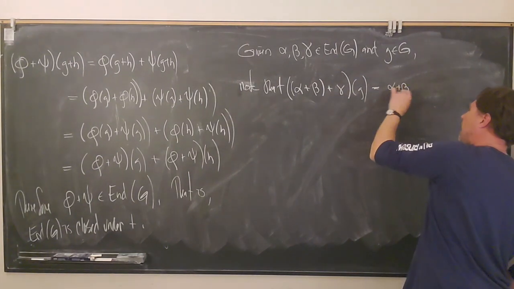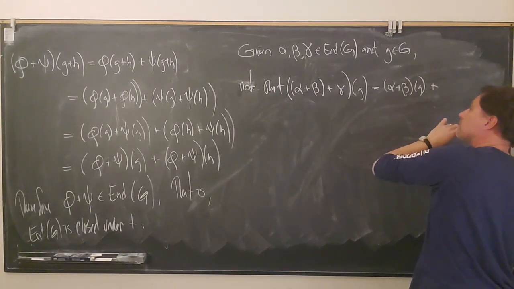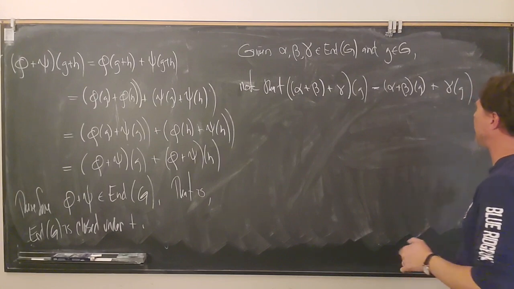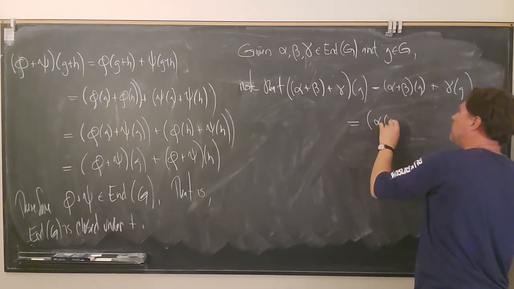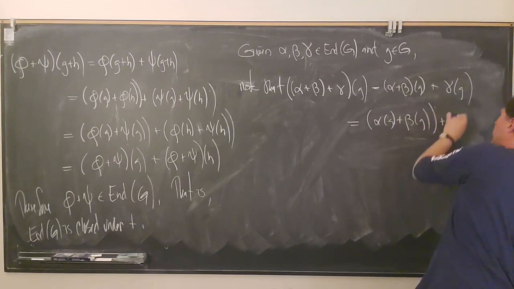Alpha plus beta of little g plus gamma of little g. And now you can probably see what's going to happen, right? So now this is equal to alpha of g plus beta of g, plus gamma of g.